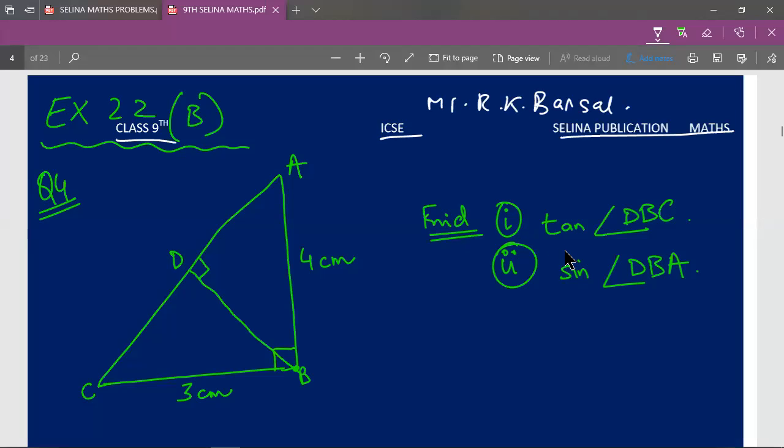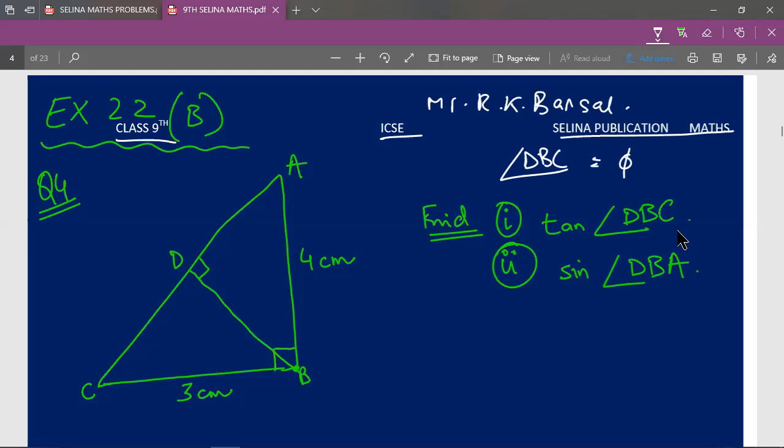Okay, so let's start. Our first question states: find tan angle DBC. For most of you, this might be easy, referring to angles by sides or alphabet. But according to me, I find it simpler to refer to these angles as theta, alpha, gamma, etc., of the Greek alphabet. So I'll assume angle DBC as phi.